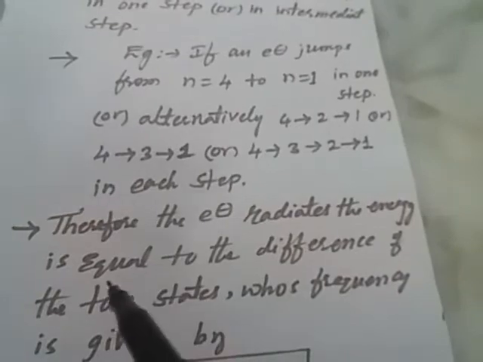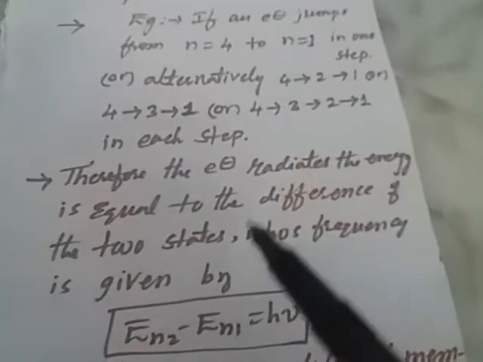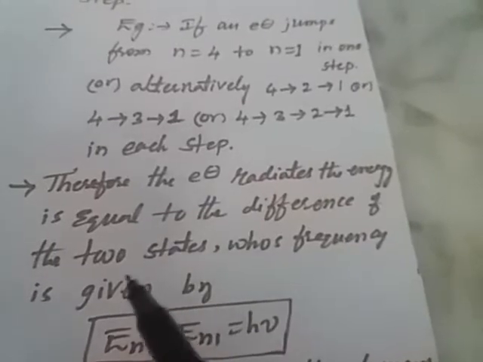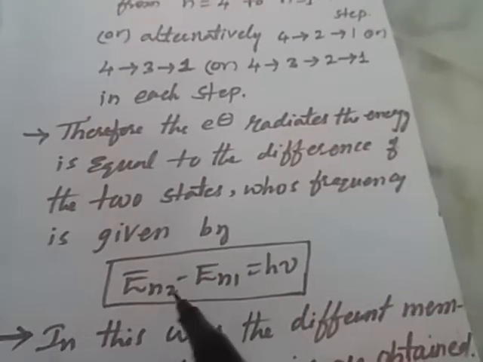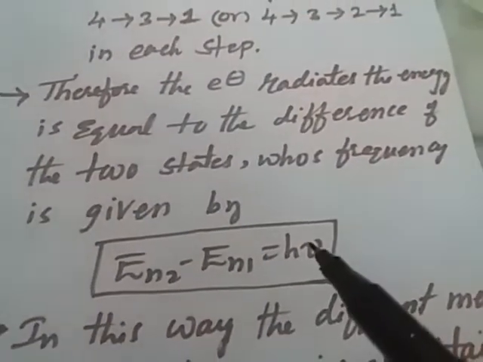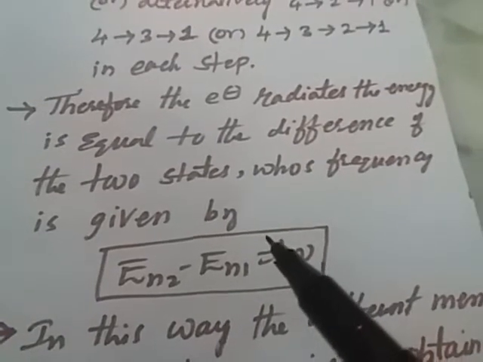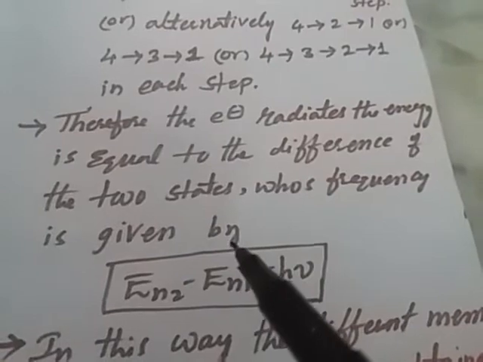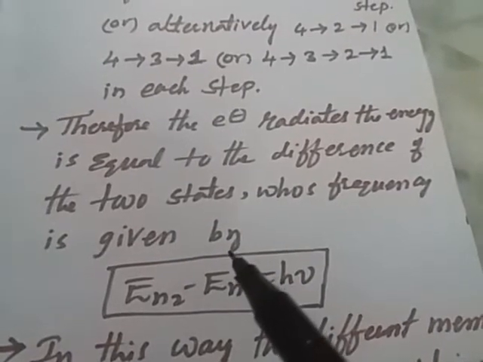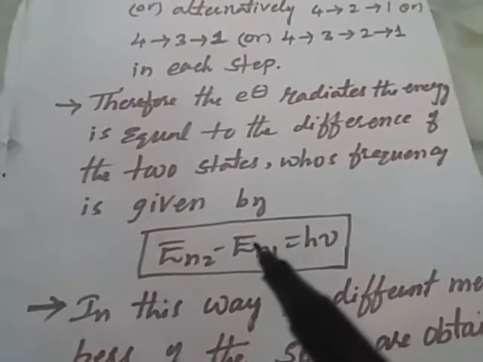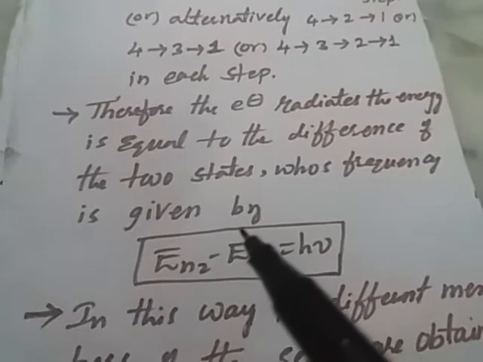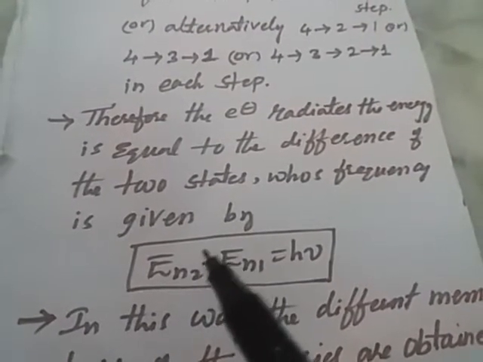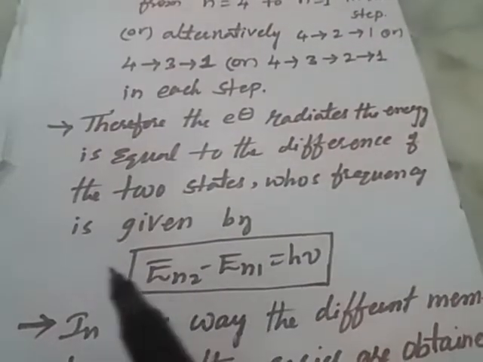Therefore the electron radiates energy equal to the difference of the two states, whose frequency is given by En2 minus En1 equal to h nu. This is the photon energy h nu, the total energy of the photon when an electron jumps from a higher energy level to a lower energy level. Then energy of radiation equal to h nu is emitted.